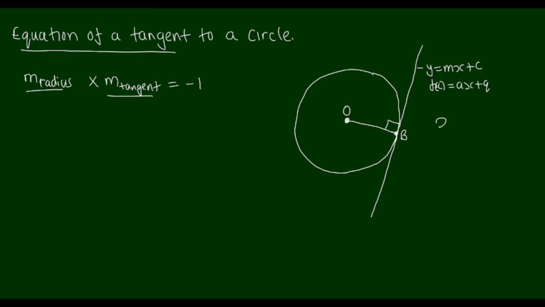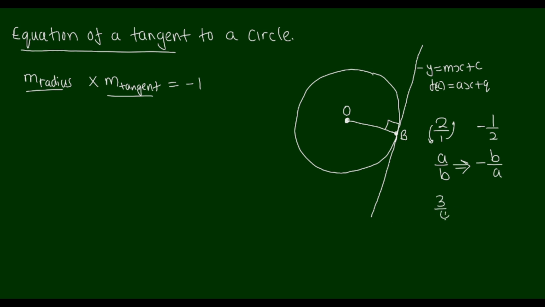Let's say we have 2. 2 is just like 2 over 1. So for the negative reciprocal, you invert this, and it becomes 1 over 2, and then you put a negative sign. Generally, for a over b, the negative reciprocal is going to be negative b over a.